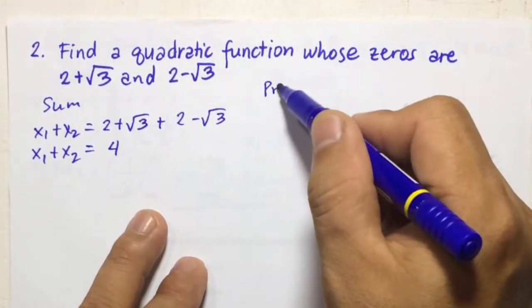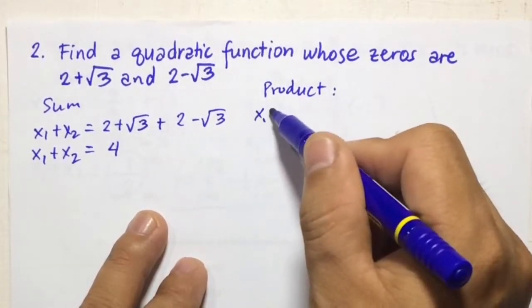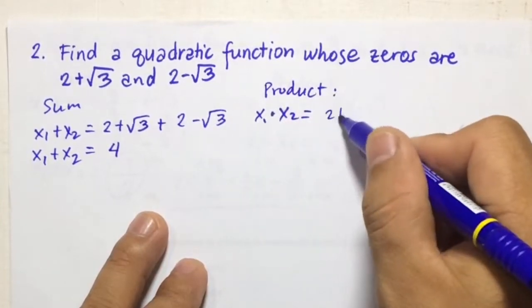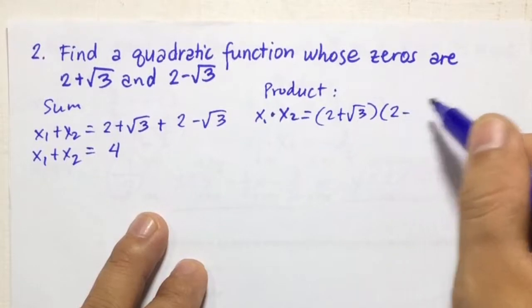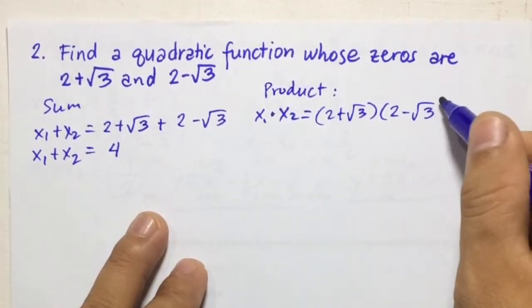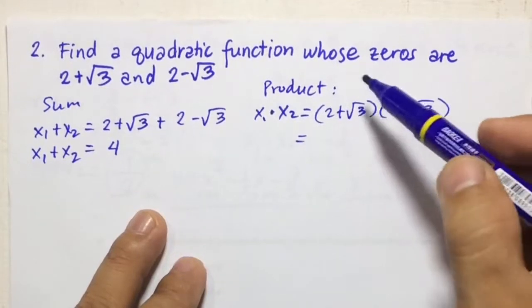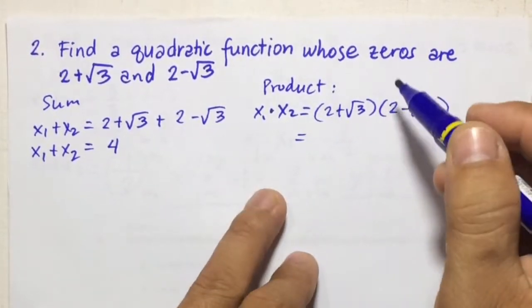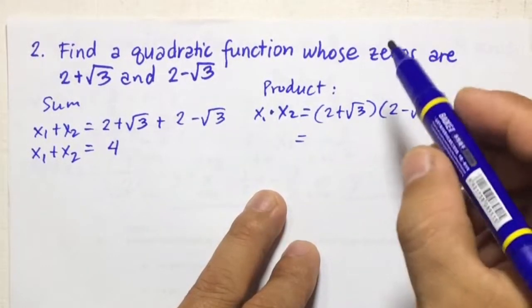Then for the product, we're going to have here x sub 1 times x sub 2. That will be equal to 2 plus square root of 3 times 2 minus square root of 3. Again, this is an example of product of sum and difference of two terms. So we'll just apply the procedure in having that special product.